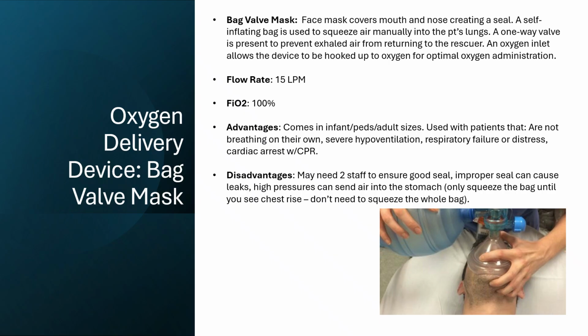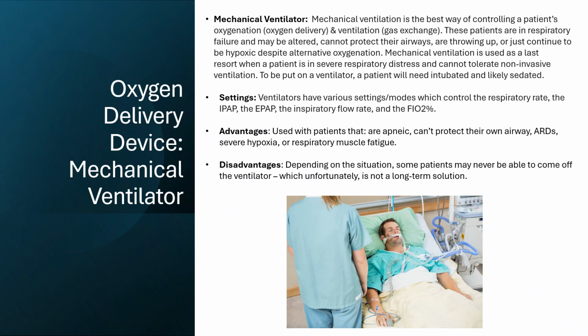But it is recommended that you have 2 rescuers, so that could be a disadvantage. And you really only want to squeeze this bag until you see chest rise. You don't squeeze the whole bag by any means. Just squeeze it enough to see chest rise and then let it go. If you put too much air in, you can actually overfill and put air into the stomach, and then your patient will likely vomit on you. So don't do that.